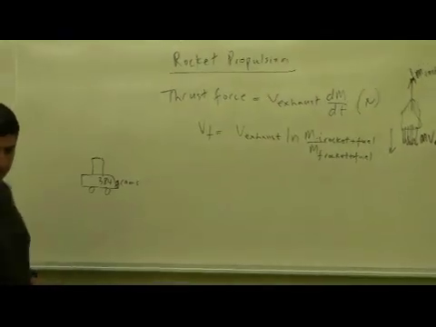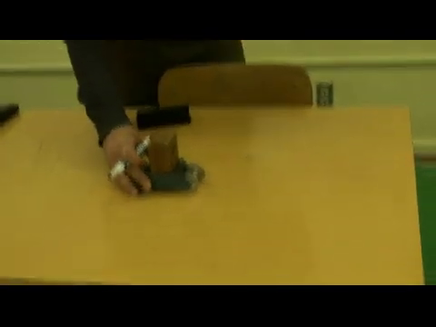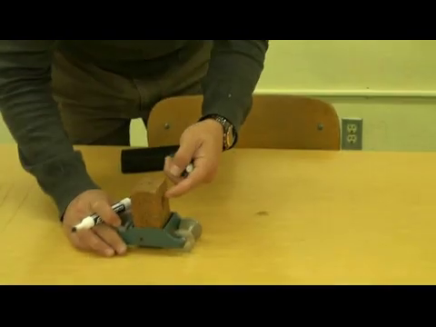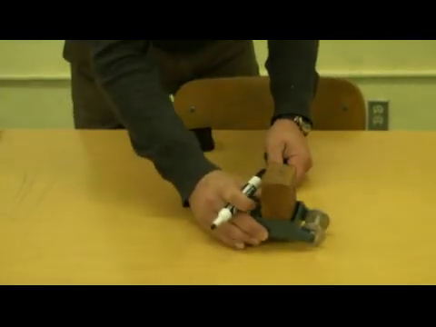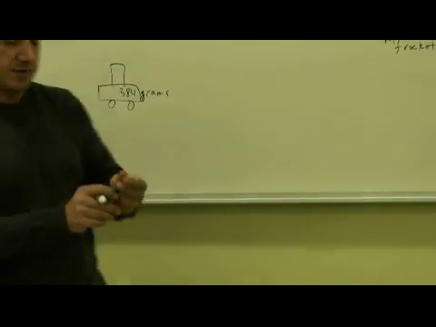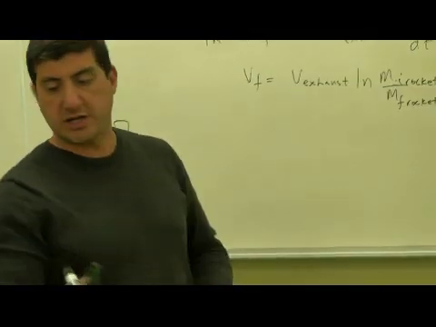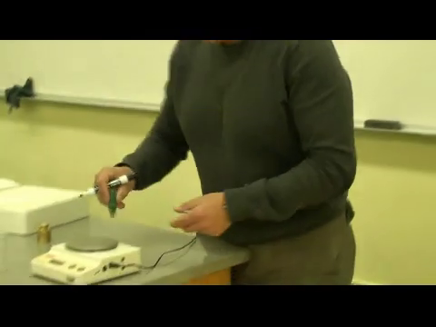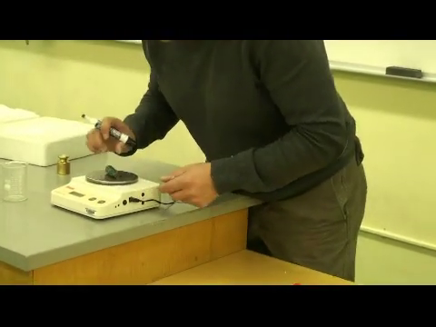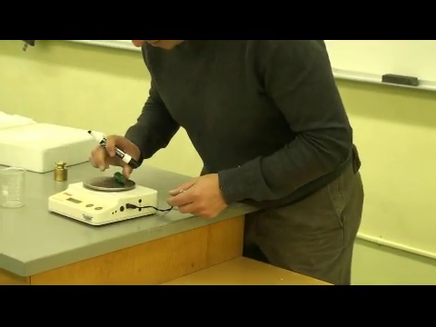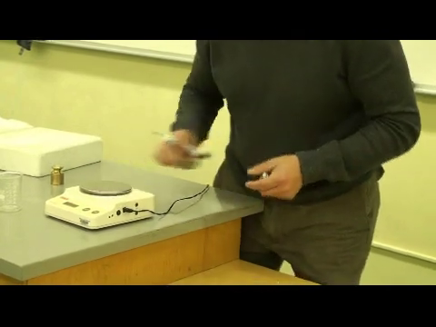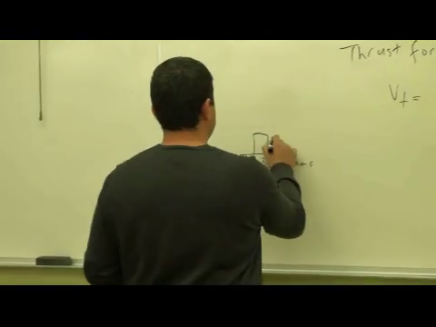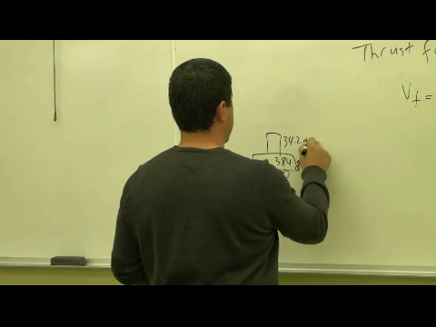So what we have now is a cart like this, okay? We have a carbon dioxide canister in the cart. This whole thing, I weighed it already. It has a mass of 384 grams. Now I'm going to weigh the mass of the carbon dioxide canister. Okay, over here, and it says 34.2 grams.